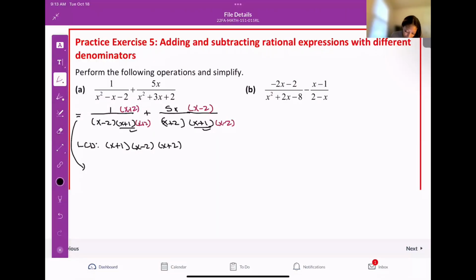And then this gives us x plus 2 over (x minus 2)(x plus 1)(x plus 2) plus 5x squared minus 10x over (x plus 2)(x plus 1)(x minus 2).